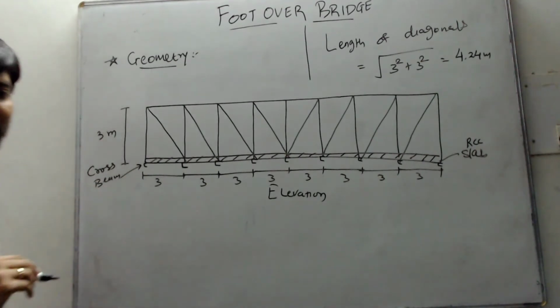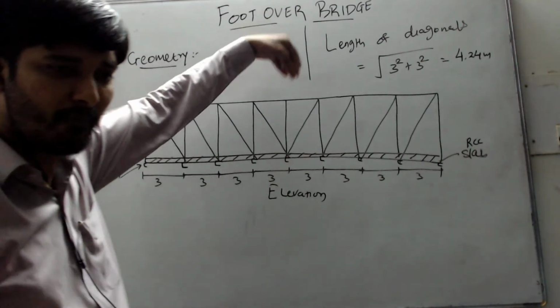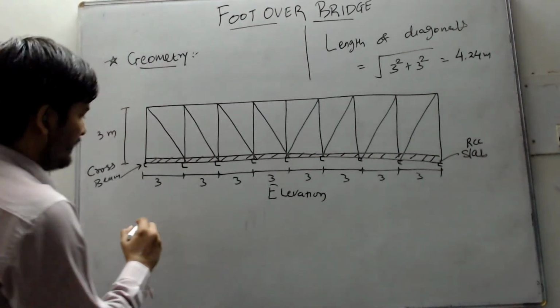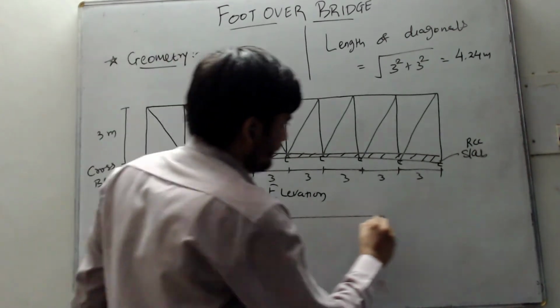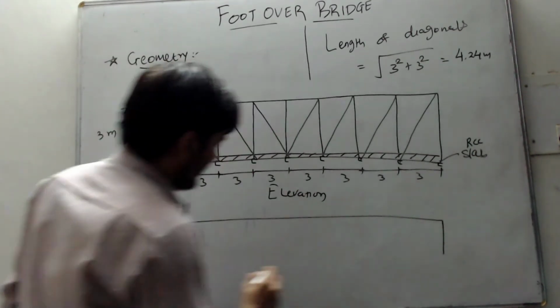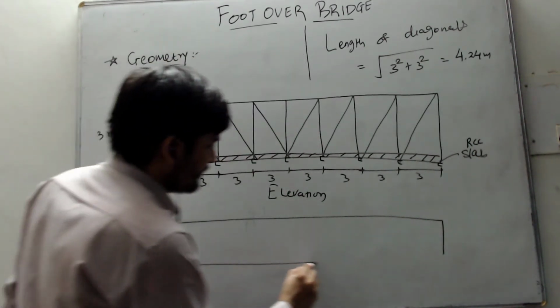Then let us draw the plan. If I see this from top, the plan will look something like this. From top, I can see the roadway plus some of the beams.